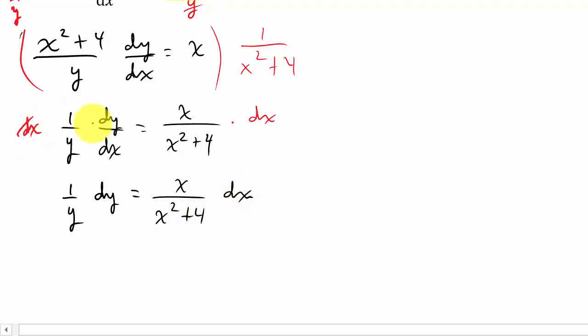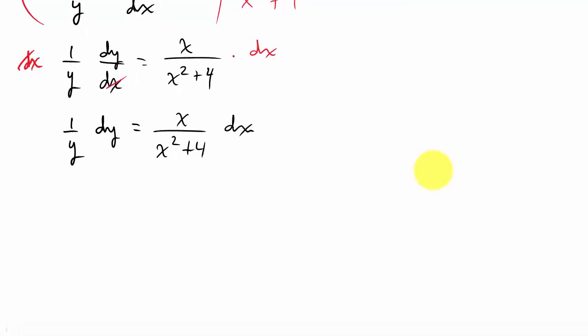See, the dx is over here, cancel. And there we go. I was able to get all the y's with the dy and all the x's with the dx. Okay. So now what we need to do is we can integrate both sides.